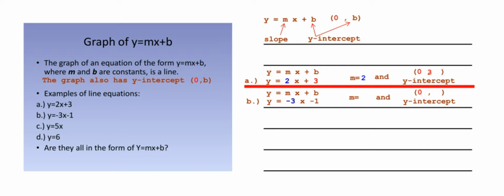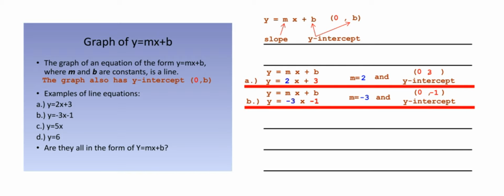Negative 3 in this case would be our slope, agreed? That's the number next to the x. So, slope, negative 3. And y-intercept? Well, the b value is a negative 1 in this case. So, negative 1 is our y-intercept.